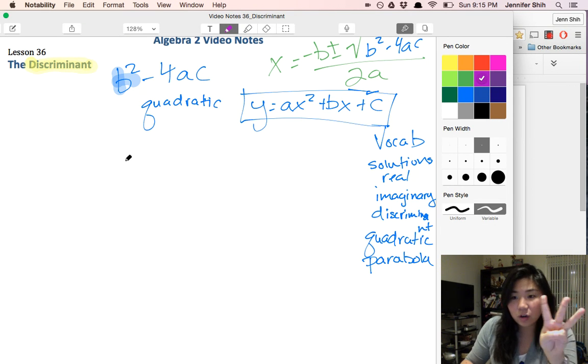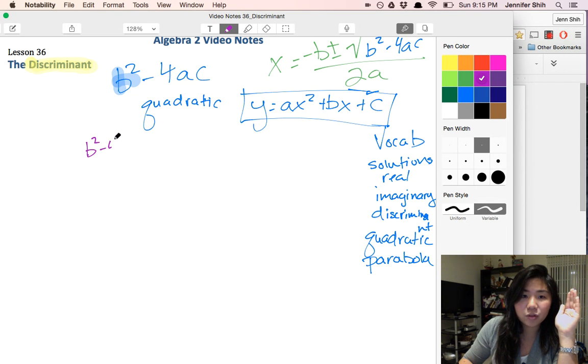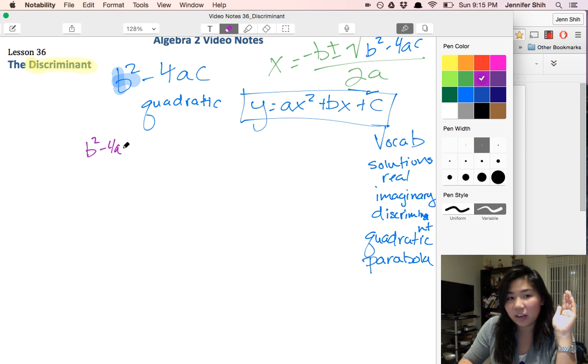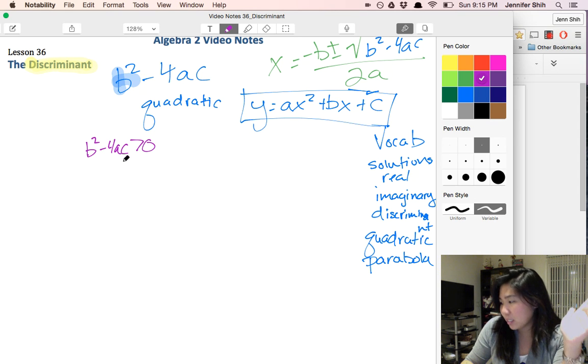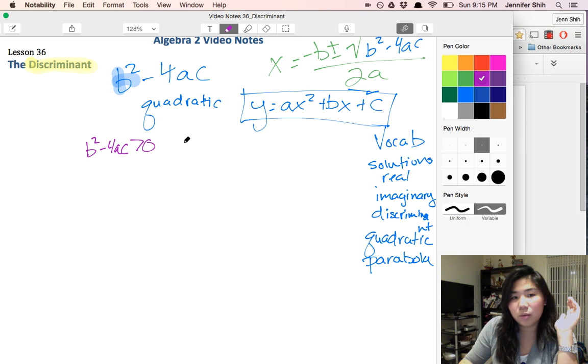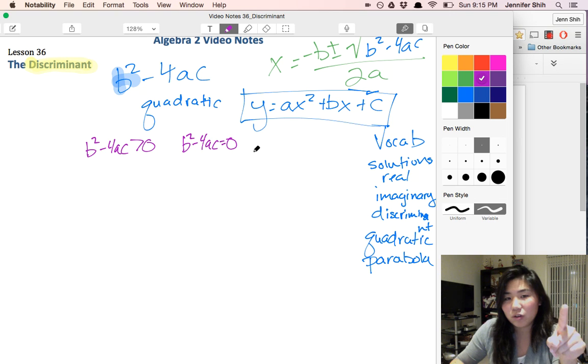Okay, so let's talk more about this discriminant. There are three scenarios. We either have b squared minus 4ac greater than 0, and this has happened in almost every case. B squared minus 4ac has been greater than 0, and we've been able to find real roots. Then we also have what happens when b squared minus 4ac is equal to 0, which happens, and then you don't end up using the quadratic formula.